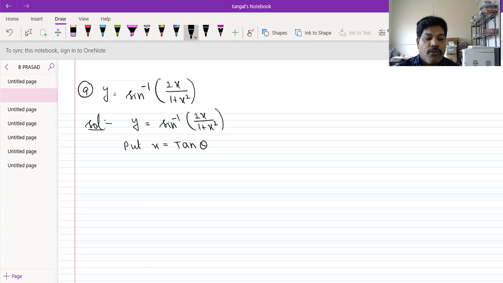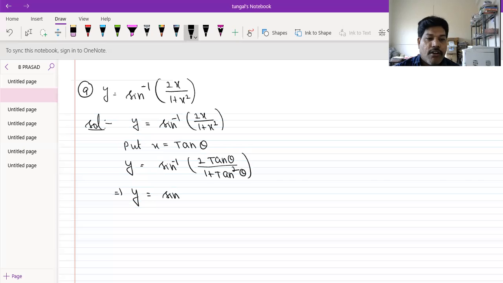If x is equal to tan theta, then y is equal to sine inverse of 2 tan theta by 1 plus tan square theta. So then what happens, students?